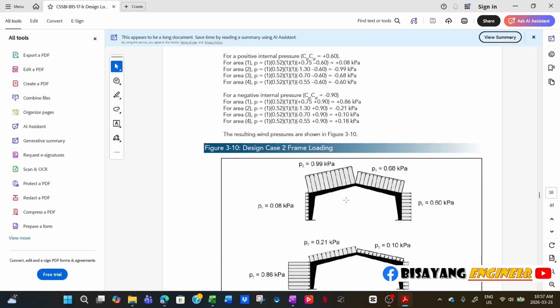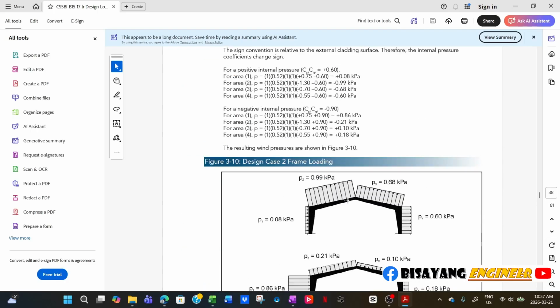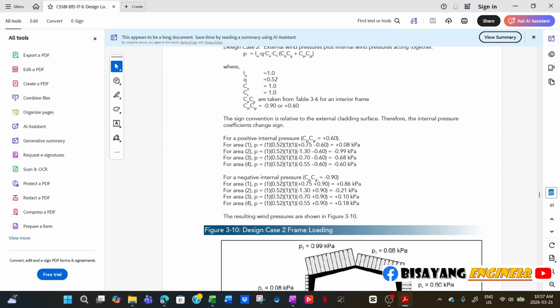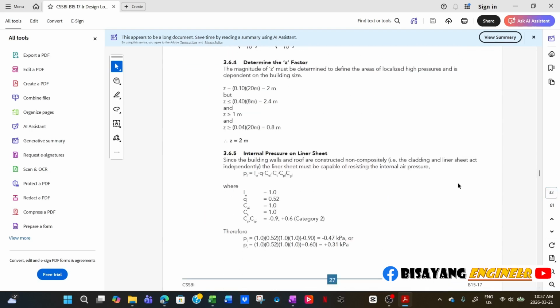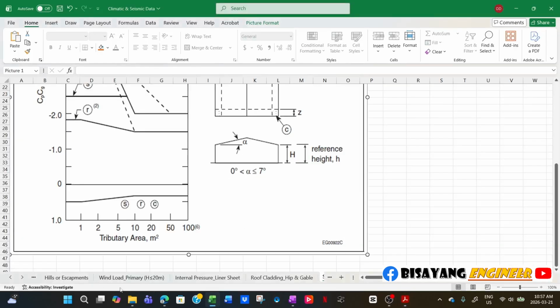So on this particular one here, roof cladding, you have 0.26 and 0.94. So let's go back to our calculation.